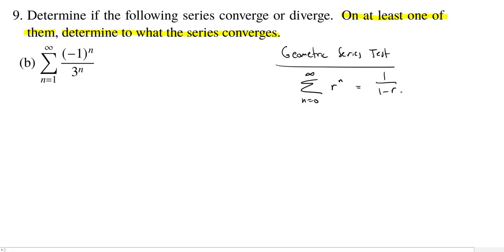And of course there's a little condition here, provided that the absolute value of r is less than 1. If it's greater than or equal to 1, then the series diverges. So we'll just complete this here. If the absolute value of r is at least 1, then this series diverges.